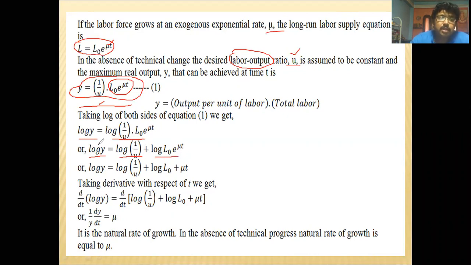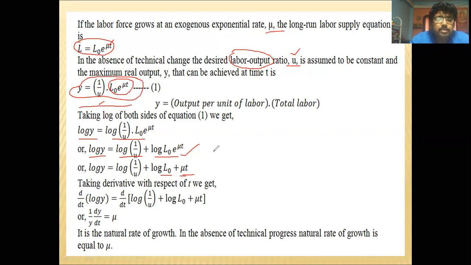It is simple, the addition in logs; this is the multiplication formula in log. So log Y equals log 1 by U plus log L0 plus mu t.